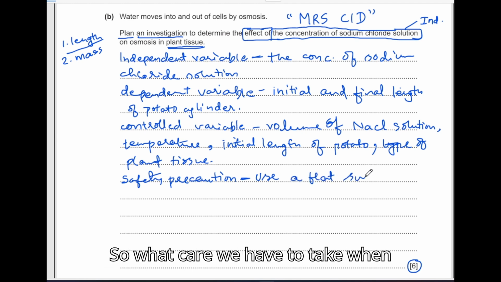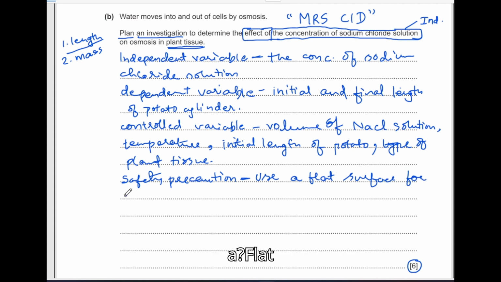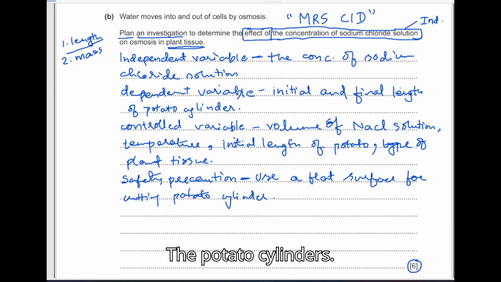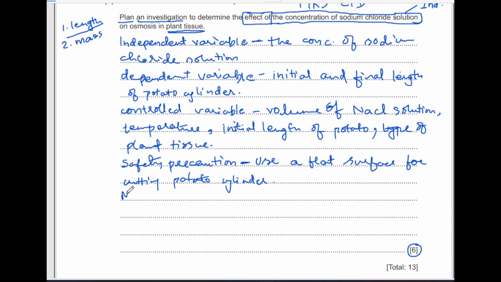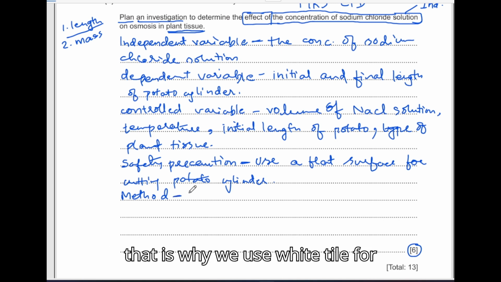So what care we have to take when we are handling a knife is use a flat surface for cutting the potato cylinders. Okay, so this is a safety precaution, and that is why we use a white tile for cutting the potato cylinders.